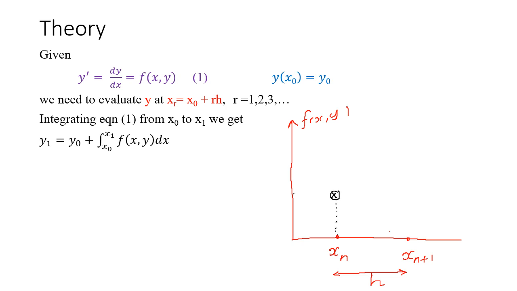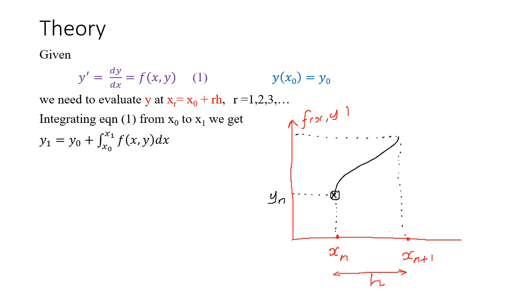We know what yn is. So we have this point, and at xn plus 1 we don't know what the function is. But we have one simple technique to obtain yn plus 1 using Euler's method. Now let us guess the function is something like this. It's only a guess.